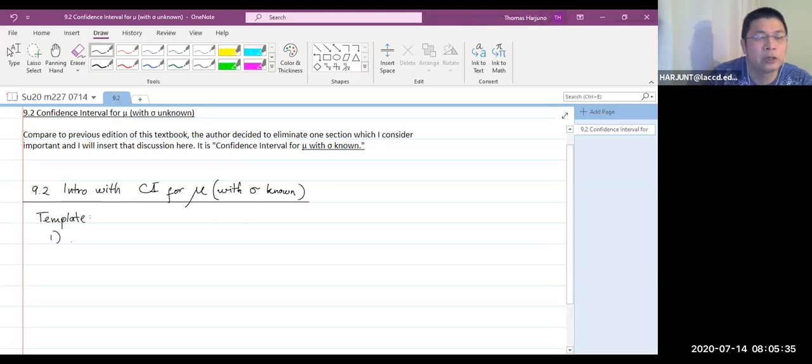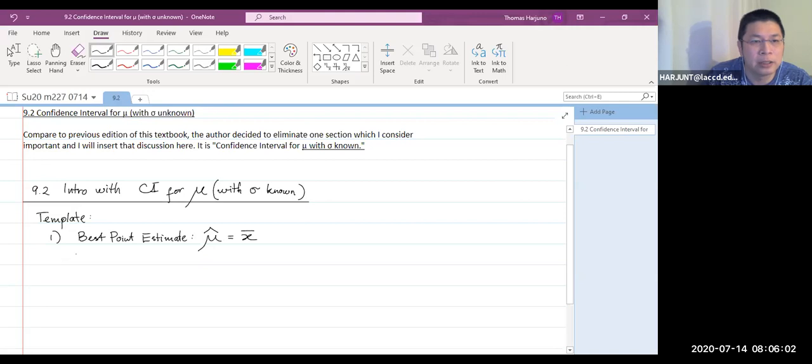First we will need to do the best point estimate. The best point estimate for mu is mu hat equal to the sample mean. Don't worry, I will explain this later on.